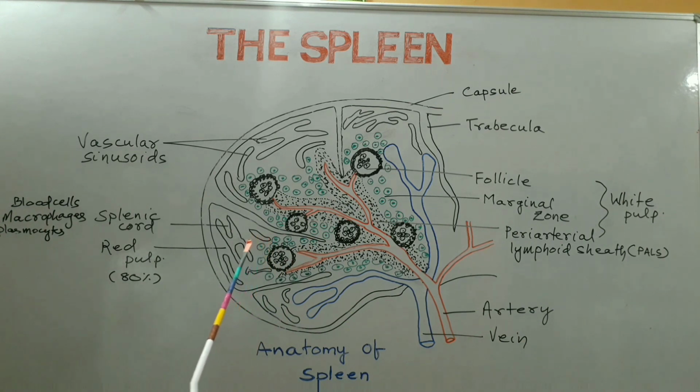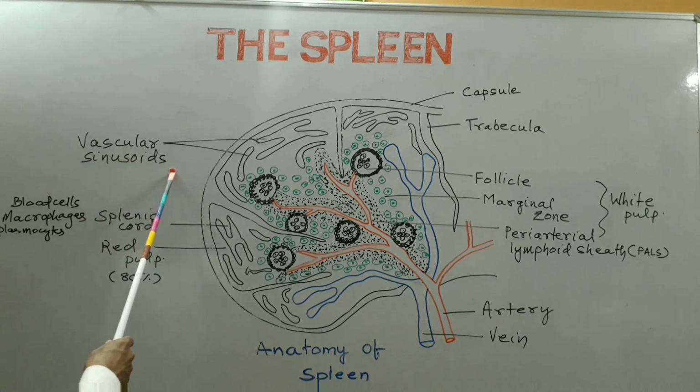The red pulp consists of splenic cords and vascular sinusoids. The splenic cord is also known as the cord of Billroth.